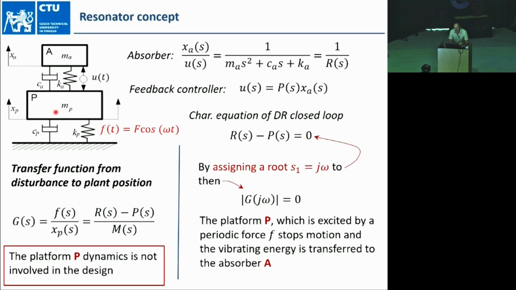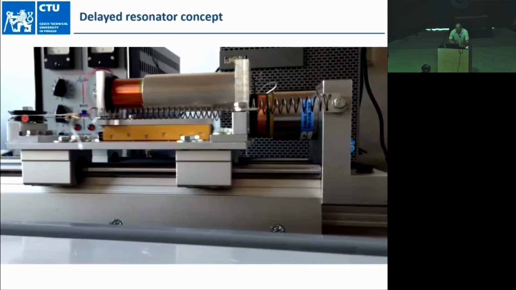It works such that we assign a single pole at frequency omega to the absorber, and it automatically becomes a zero of the receptance, which is the transfer function between the excitation force and the position of the platform. When we have the zero at j omega, the signal at this frequency does not pass from the excitation force to the position, and we have ideal suppression.